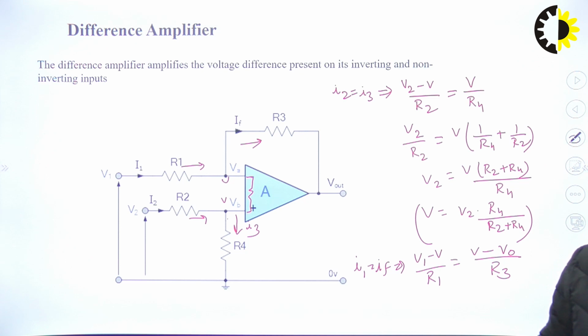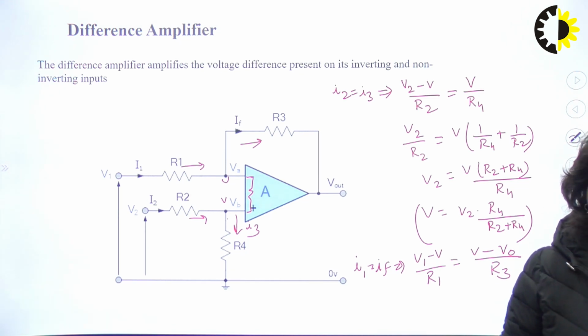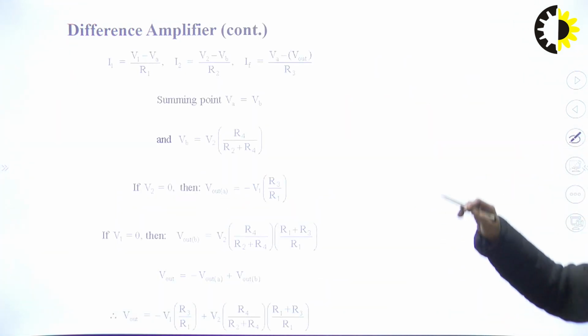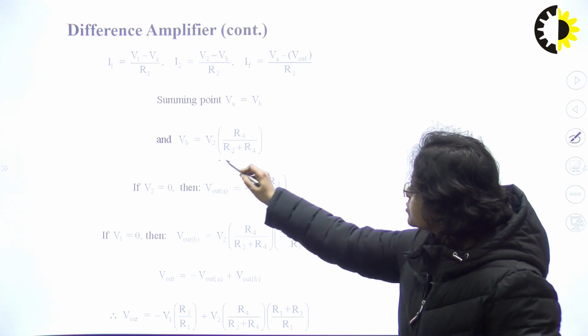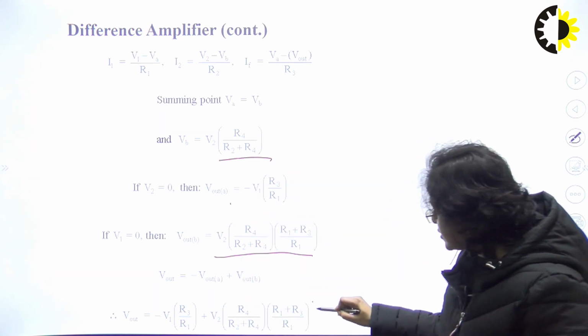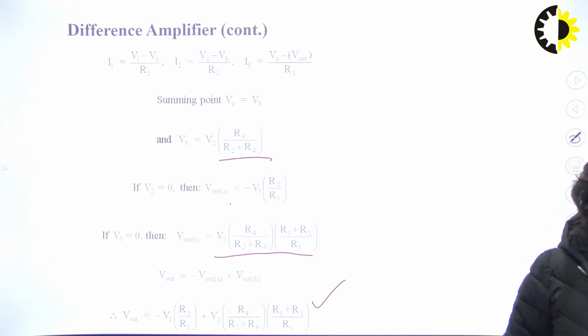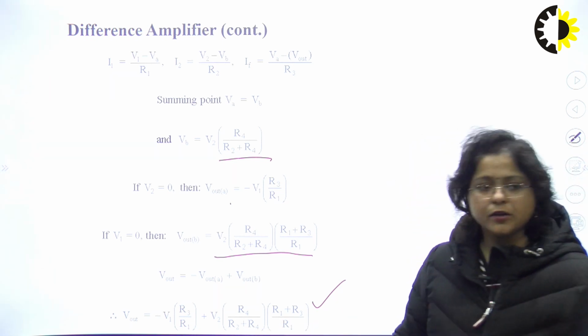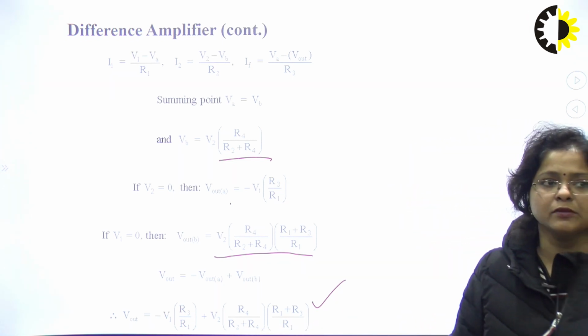We will again solve this equation and substitute V here. We substitute this value and get the final value as minus V1 R3 by R1 plus V2 R4 upon R2 plus R4 into R1 plus R3 by R1.